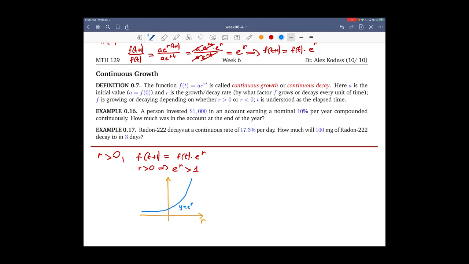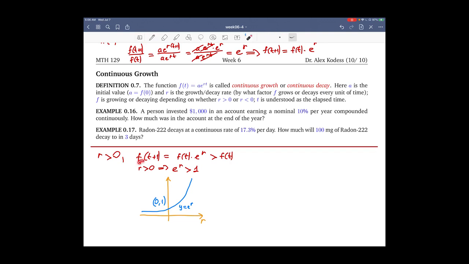It passes through the point 0, 1, and once the argument is greater than 0, the function is greater than 1. Therefore, this is greater than f at t. So our function is indeed growing.